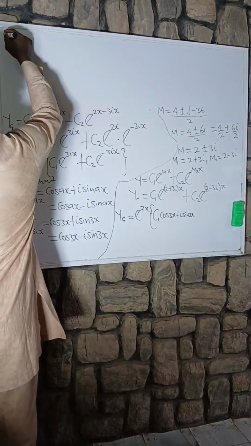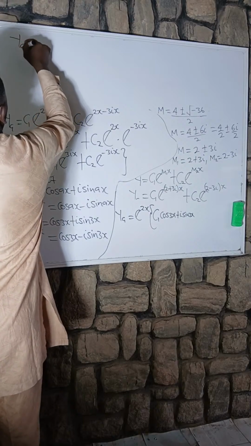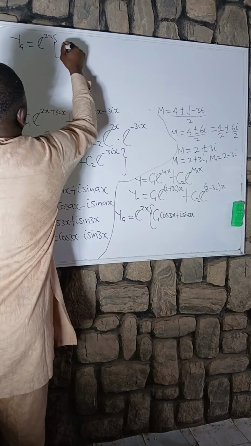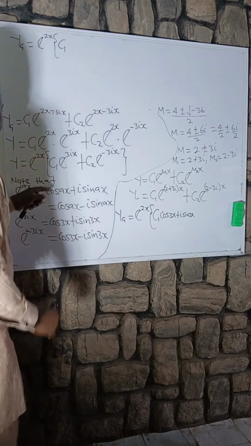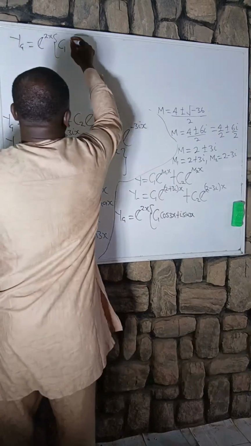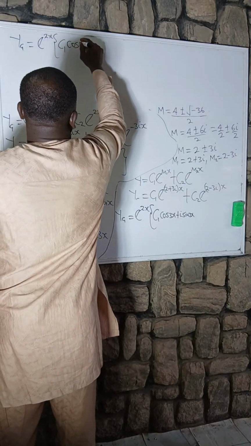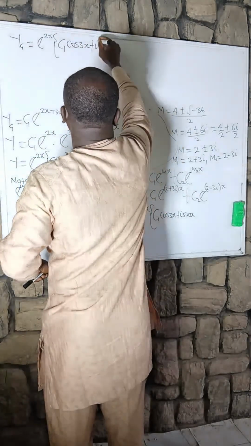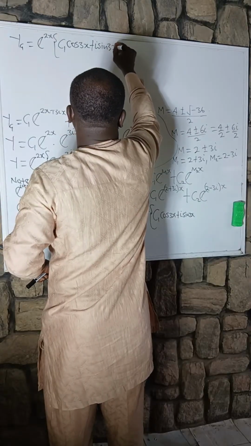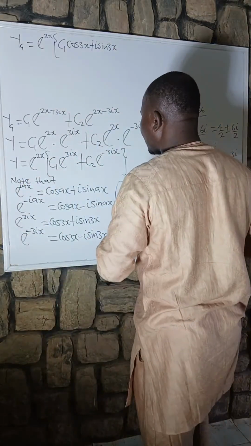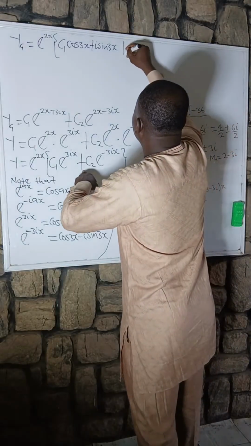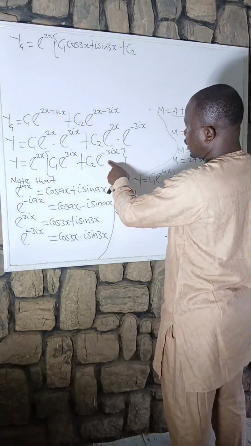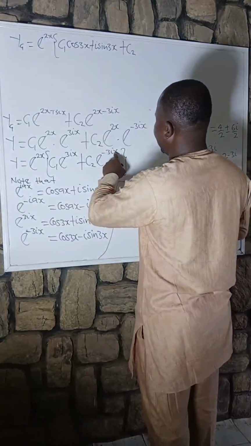So our general solution will now be equal to exponential 2x open bracket c1, since here is cos 3x plus i sine 3x, then plus our c2, here is exponential minus 3ix.